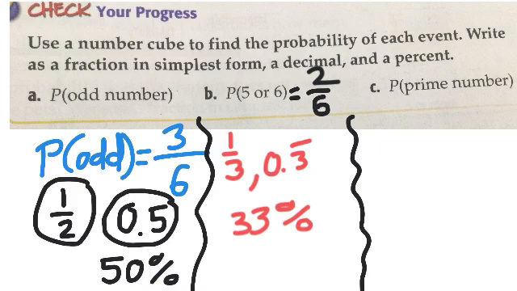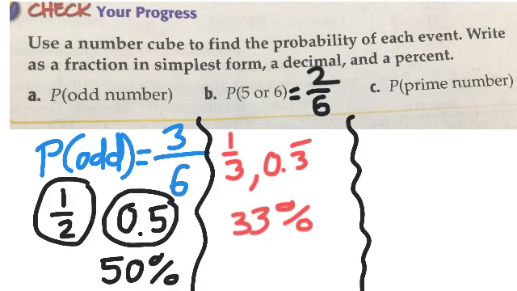A prime number means its only factors are 1 and itself. So like 4, its factors are 1 and 4, 2 times 2. So it has 3 factors, 1, 2, and 4. So it's not prime. It's composite.